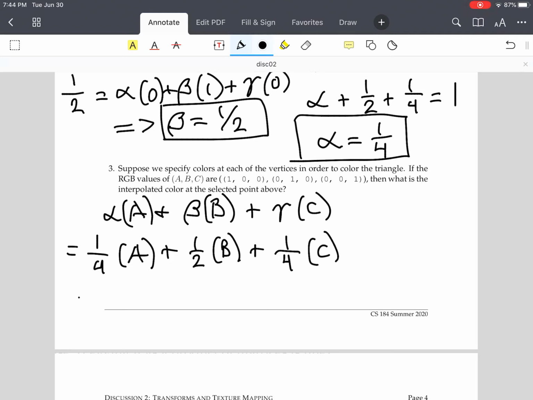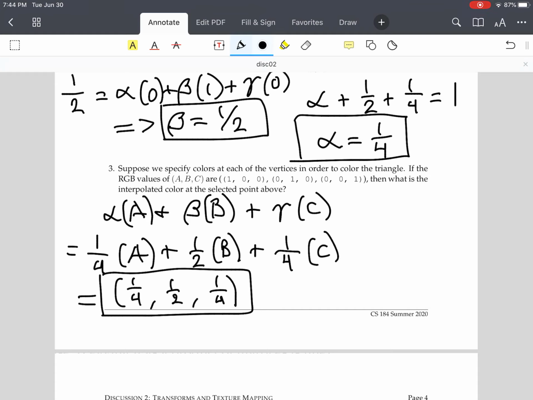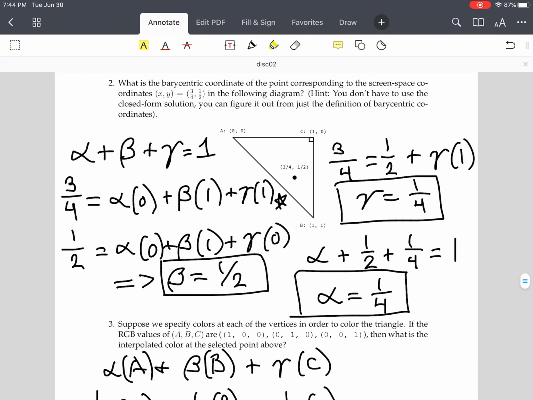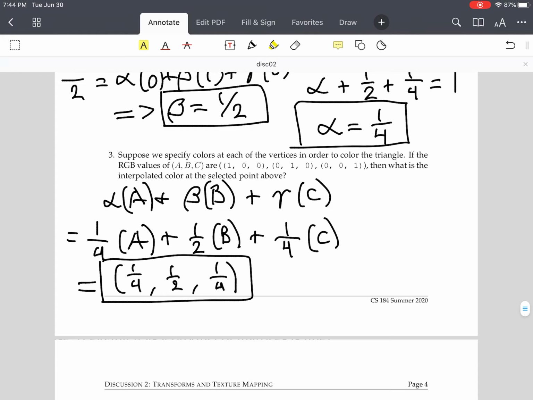So we can quickly rewrite this as A contributing the 1/4 there, then 1/2, and 1/4. Just like that, right? It's just a weighted combination of A, B, and C based on our barycentric coordinates, and we get our answer. Nice and easy. Once we have the barycentric coordinates, here we were using them for an actual position, but we can just as easily use them for a color.